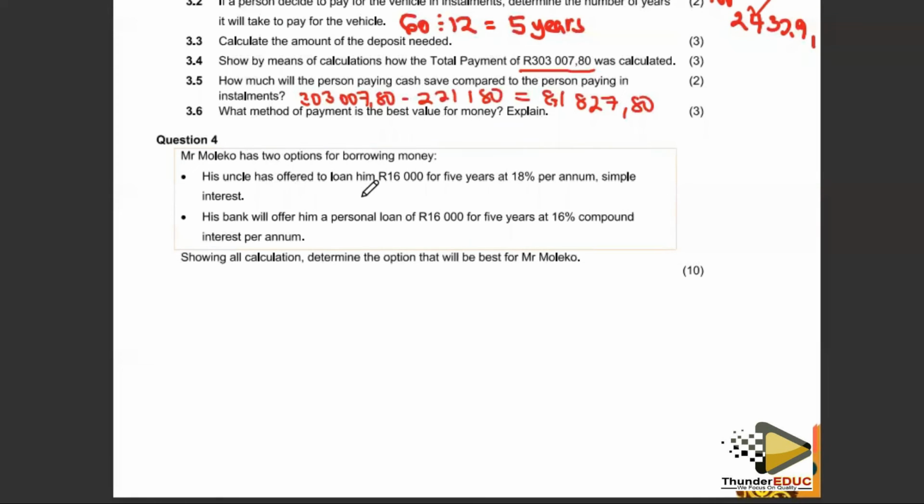His uncle has offered to loan him 16,000 for 5 years at a simple interest of 18% per annum. And the bank is offering him a personal loan of 16,000 for 5 years at 16% compound interest per annum. Show all calculations to determine which option will be best for Mr. Moleko.